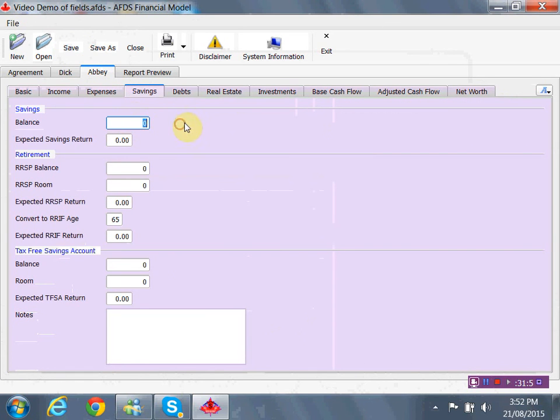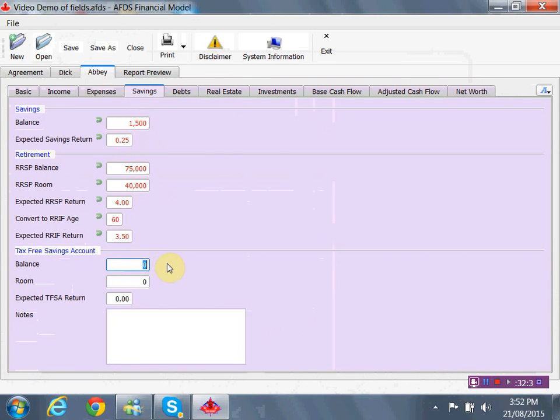In her savings, could be it's just a basic bank account. You're entering in the RRSP, the RRSP room, how much she's going to earn, when she's going to start changing it to a RIF, and then what rate of return will the RIF get.